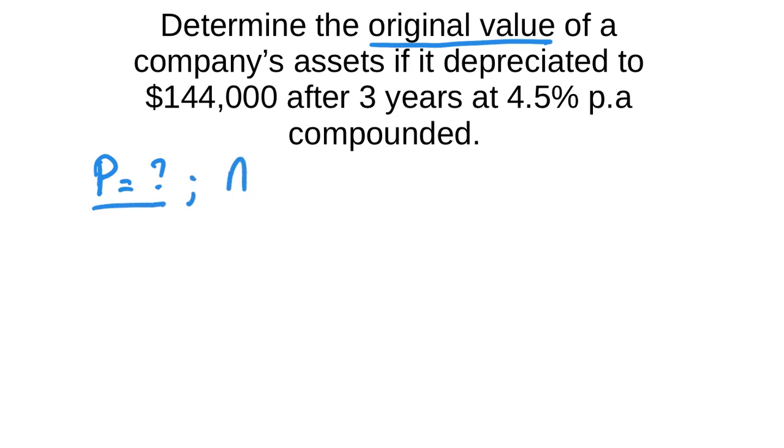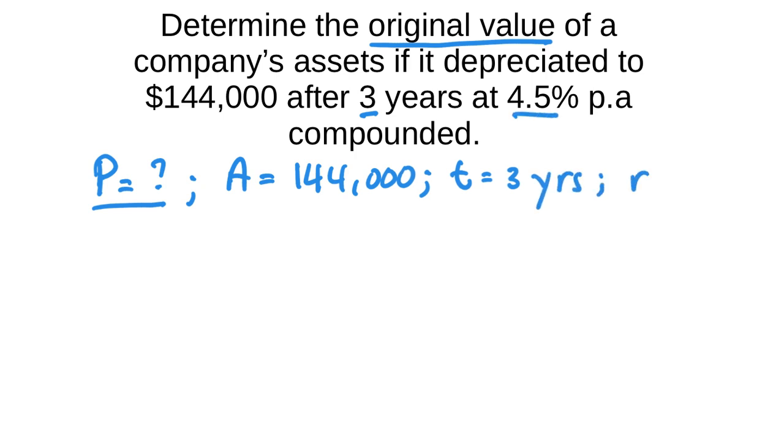But we are given the final amount, which is 144,000. We are also given the time, which is 3 years. And also we are given the rate, which is 4.5%. In decimal form, that's going to be 0.045.